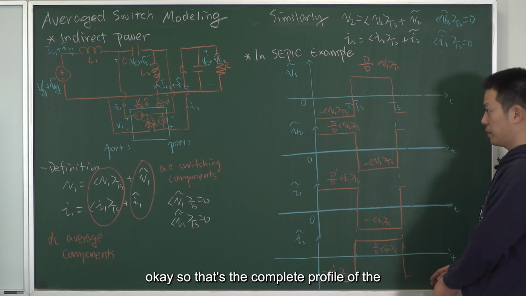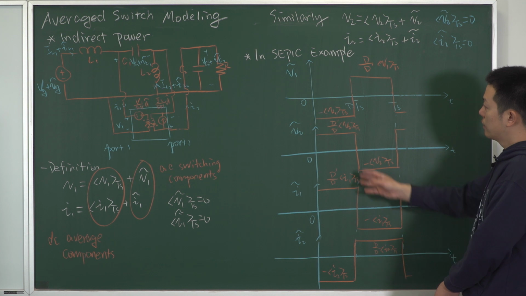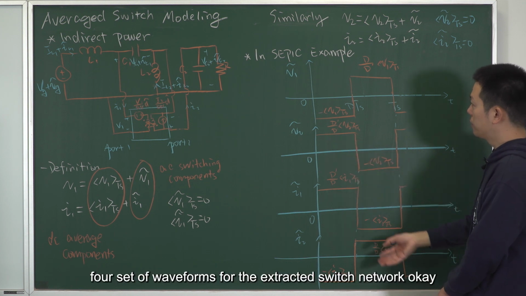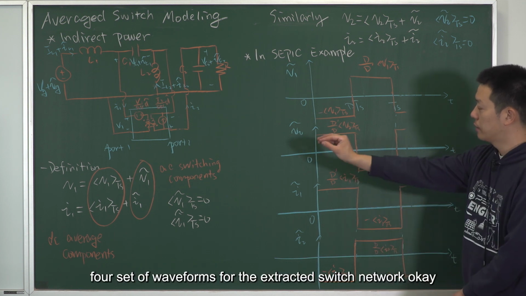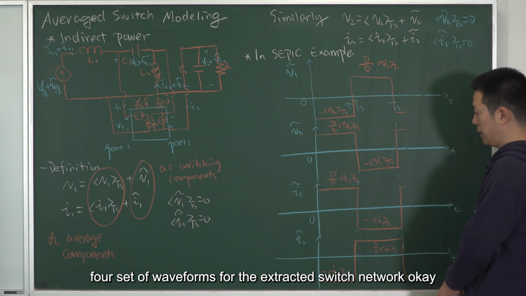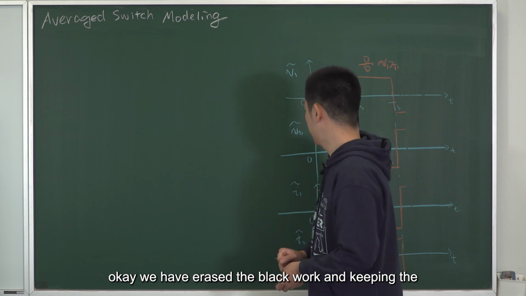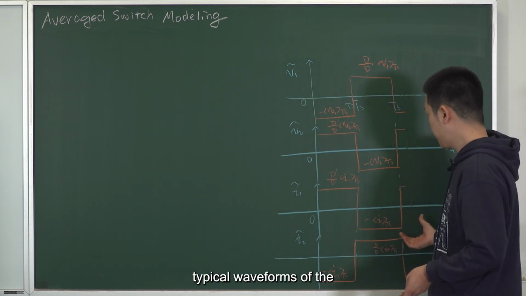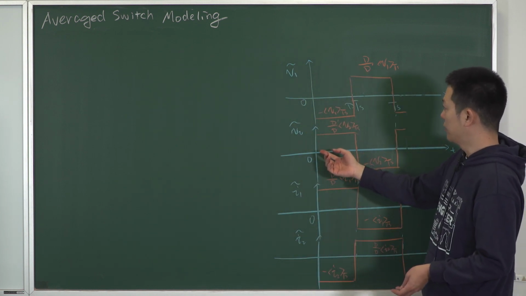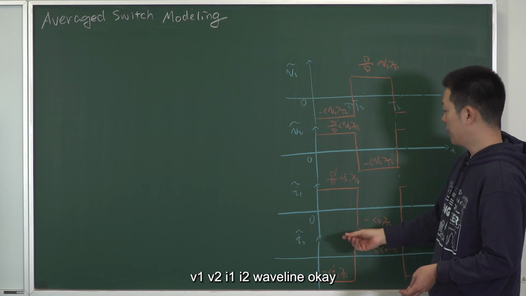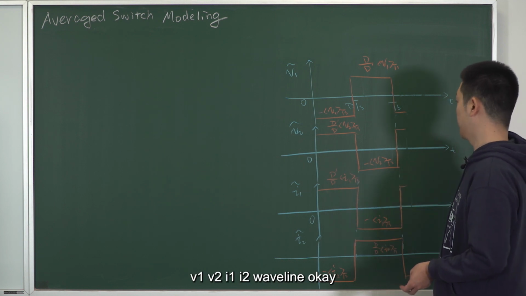Okay, so that's the complete profile of the 4 set of waveforms for the extracted switch network. Okay, we have erased the blackboard and kept the typical waveforms of the V1, V2, I1, I2 wave lines.